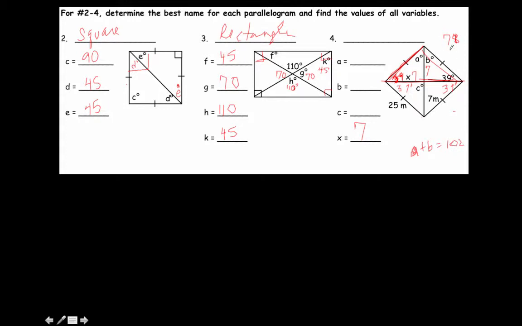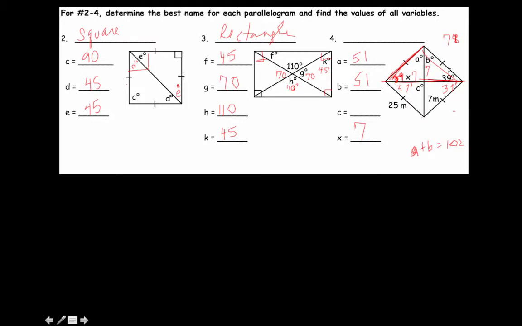That's 180 minus the 78. And A and B are the same because it's a rhombus. So A and B are 51.